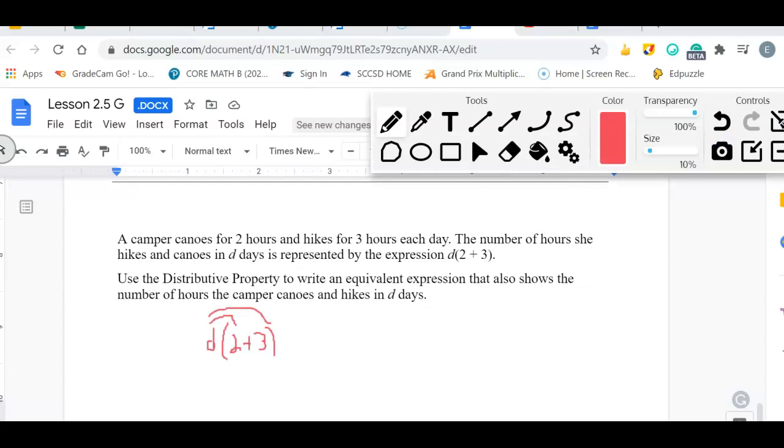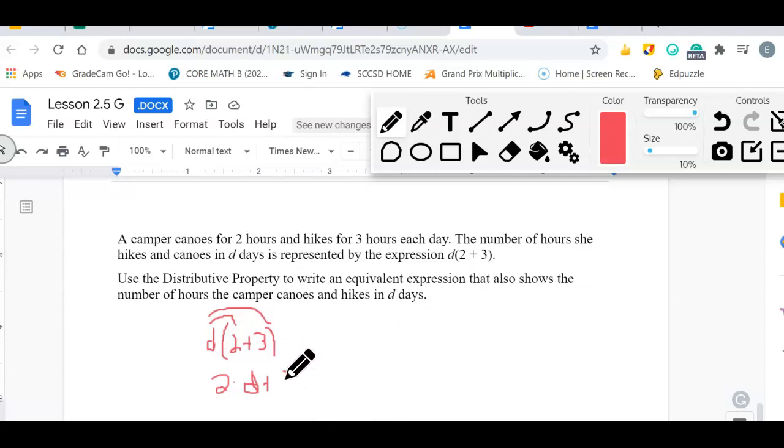Here we go. Simplifying D, parentheses 2 plus 3, close parentheses, using the distributive property. We distribute the D to the 2 to get 2 times D. That is a D. And then we have an addition sign, so we add here. And then the D distributed to the 3. So I guess I should erase this. Let's go back and talk about that. I wrote 2 times D. It's the same thing as D times 2 because order does not matter when you multiply.